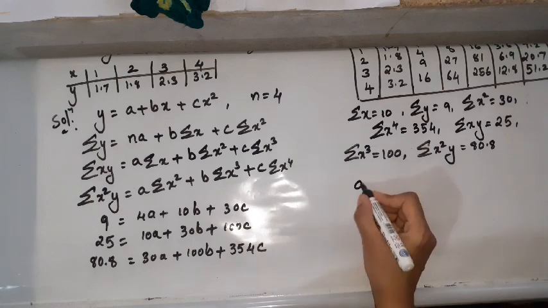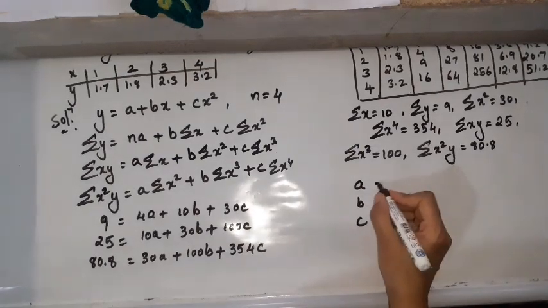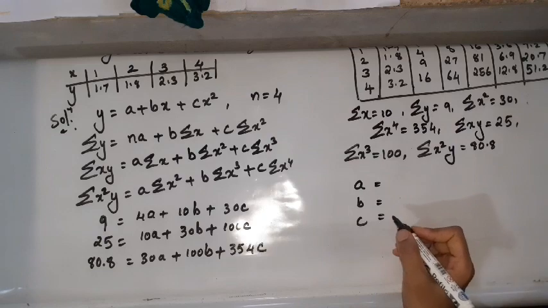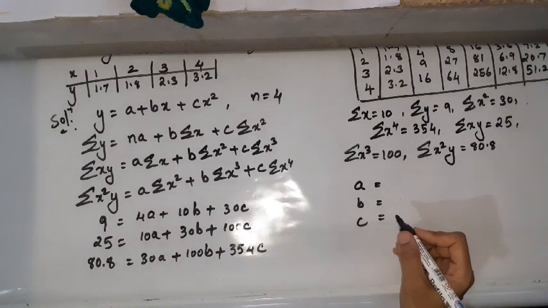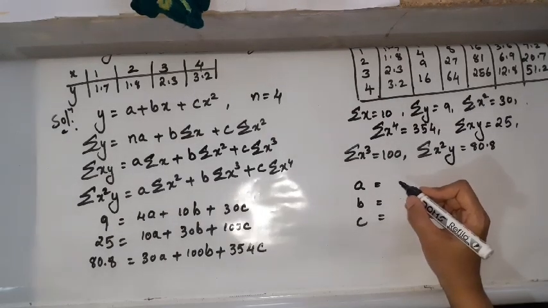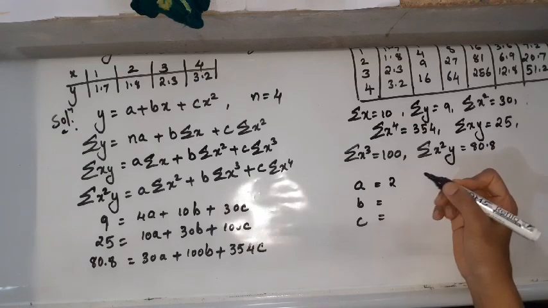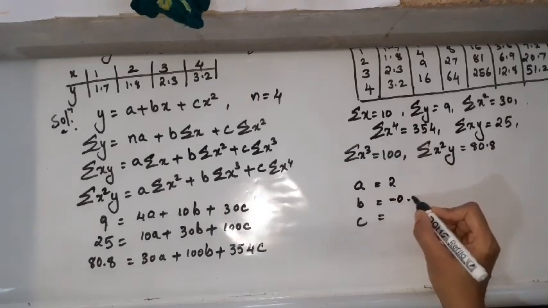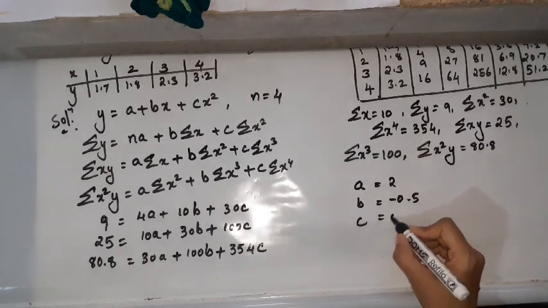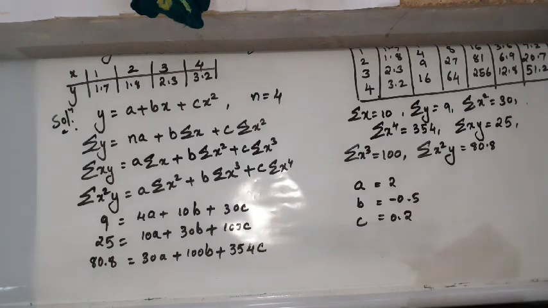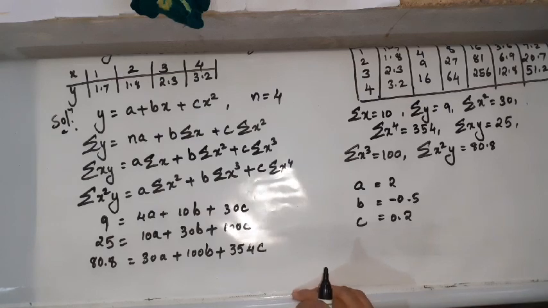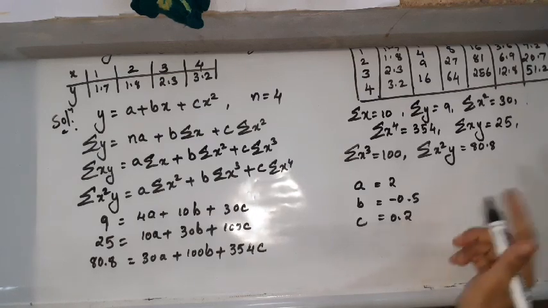So once you get all this, type these equations in your calci. Okay? Get the values for A, B and C, all of you. So you must get the values for A, B and C as A should be 2, B should be minus 0.5, C should be 0.2.